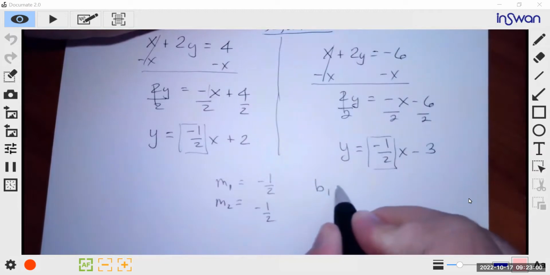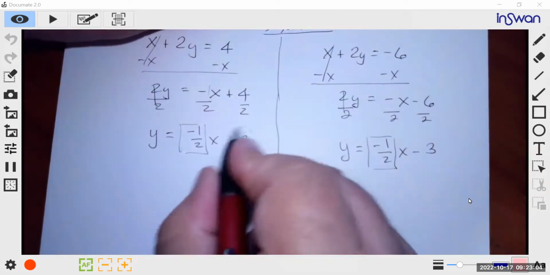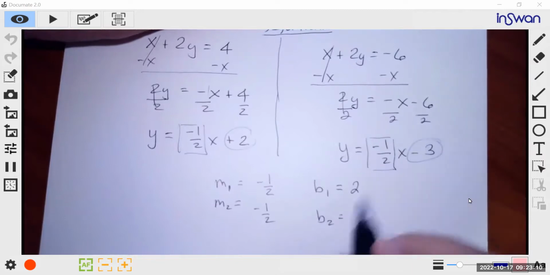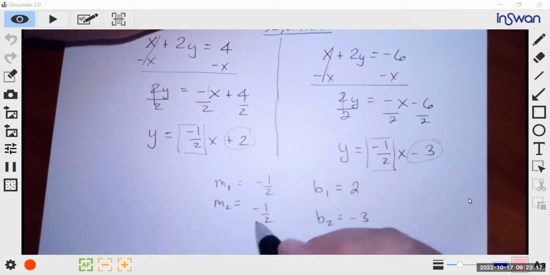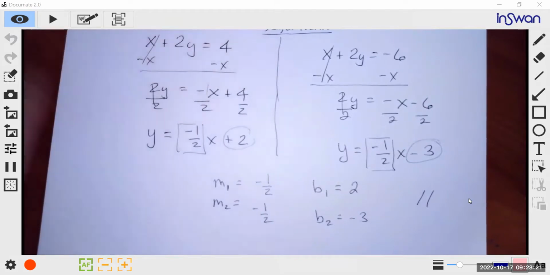What's the y-intercept of line 1? 2. Yeah, and line 2's isn't. Are they equal? No. So since they're not equal, but the slopes are equal, then they are parallel. They're not the same line. The two lines are parallel.